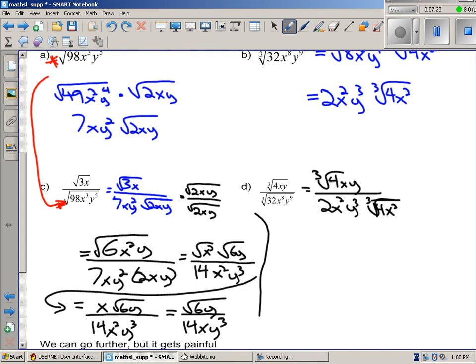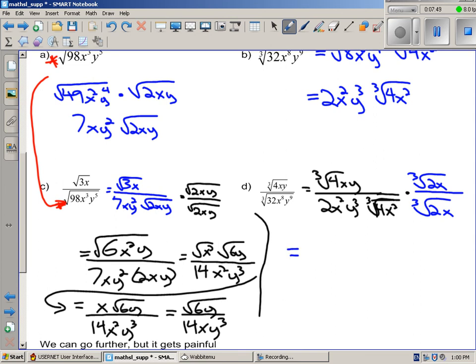Okay. Now what we need to do is get rid of that cube root. So I need to make perfect cubes on the bottom. I've got a 4. In order to make a perfect cube, I could times that by 2. I'll get an 8. That's a perfect cube. I've got an x squared. I want to make an x cubed, so I'll have to multiply by x in order to make an x cubed. And whatever I do on the bottom, I must also do to the top.